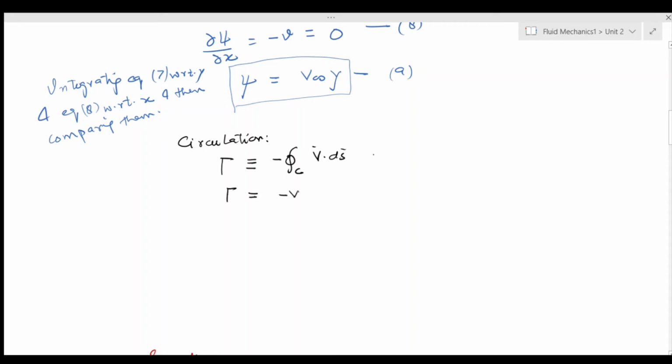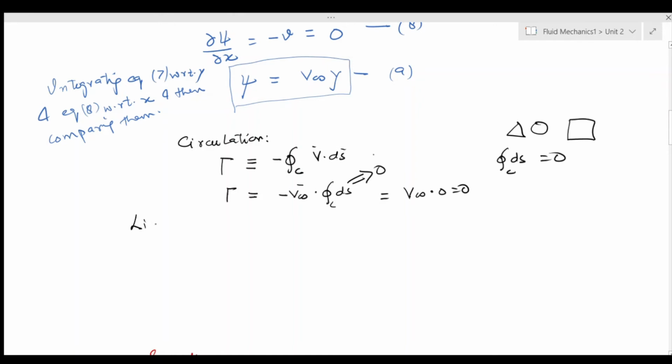You can bring it out, and the integral of ds over a closed curve comes out to be 0. Any closed curve, if you take ds, would come out to be 0. So this is v infinity times 0, which is 0. This is one way of finding it.